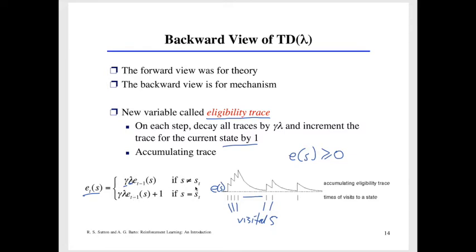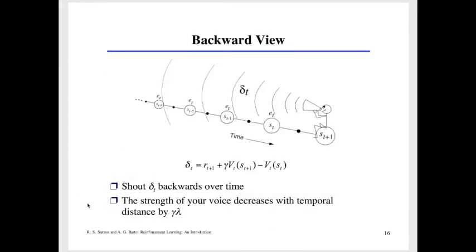If we visited the state right now, we add a 1, and we use the previous value of the trace for that state. If we didn't visit it, we just keep it as is, but we downweight it by gamma and by lambda. It's a future state, so it gets downweighted by gamma, and it's a backup that we're taking using this outcome to weight our updates, so we want to use lambda as well. So why are we doing that?